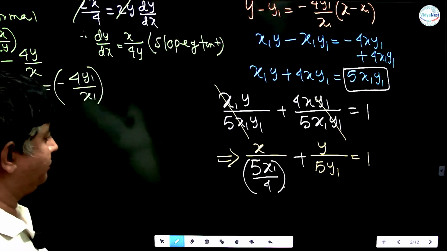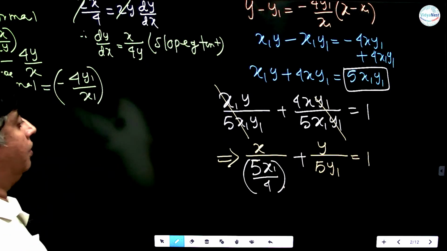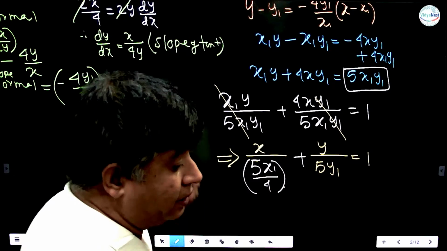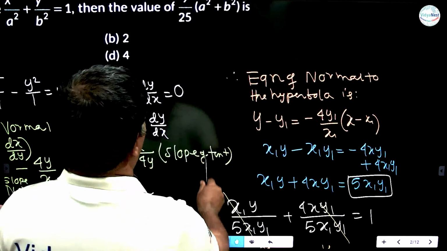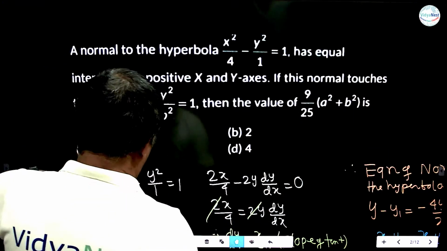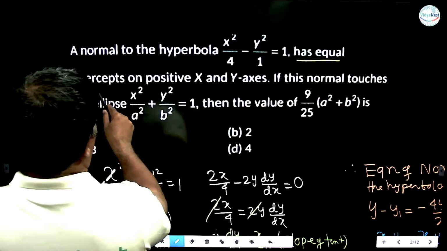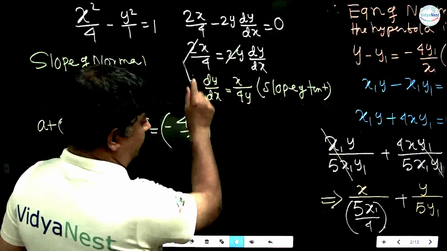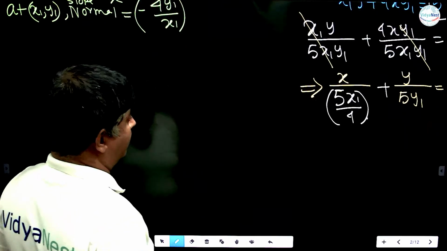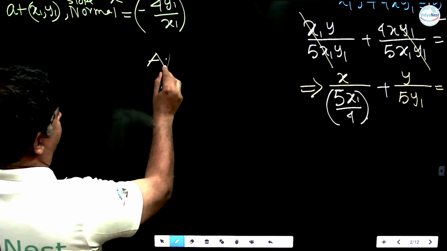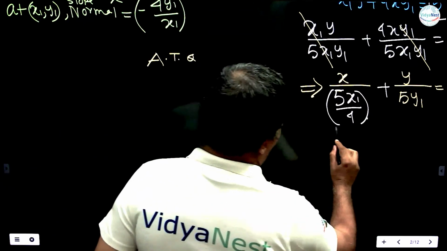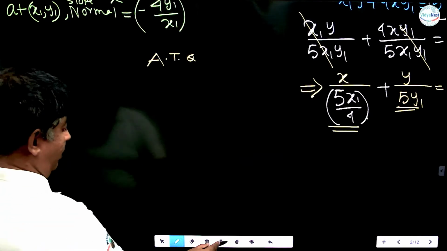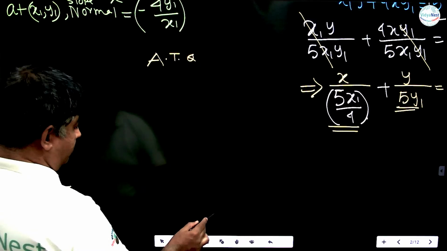Understood? Now, what is the requirement of expressing it in intercept form? It is given in the question that it has equal intercepts on the x and y axes. So those intercepts must be the same. According to the question, this is the x-intercept, this is the y-intercept, they must be equal. Yes or no? Yes, sir.